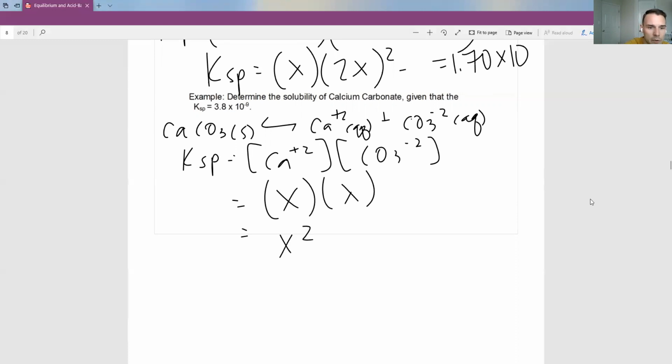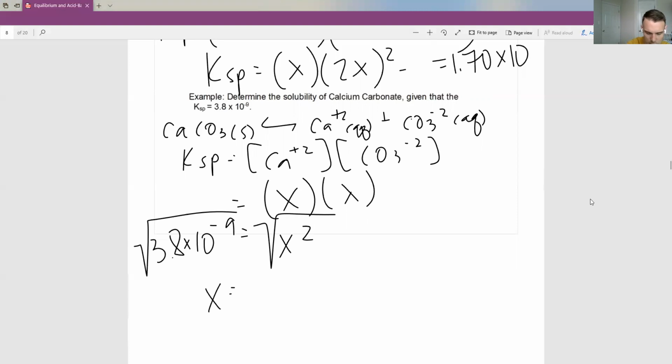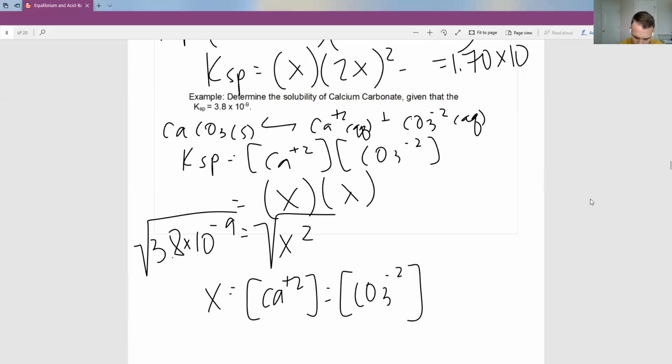So my Ksp, which is 3.8 times 10 to the negative 9th, is going to be equal to x squared. All I have to do is take the square root of both sides, and then x will be equal to the concentration of the calcium ion, the concentration of the carbonate ion, which gives me 6.2 times 10 to the negative 5th. Now, x is a concentration, so you have to have units there of molar. And so that's just a little bit different for your solubility equilibrium.